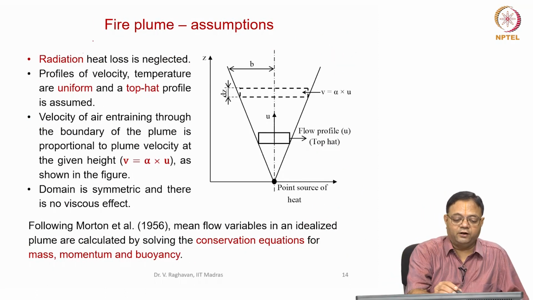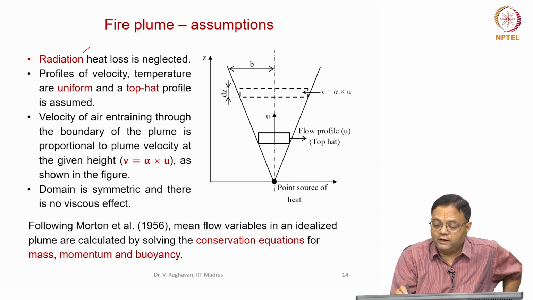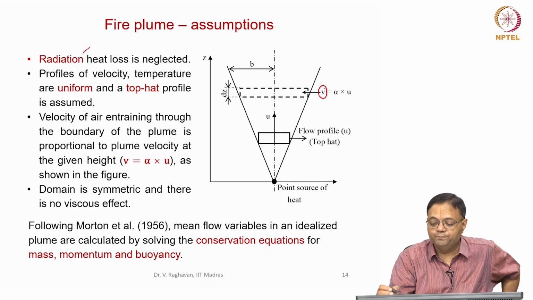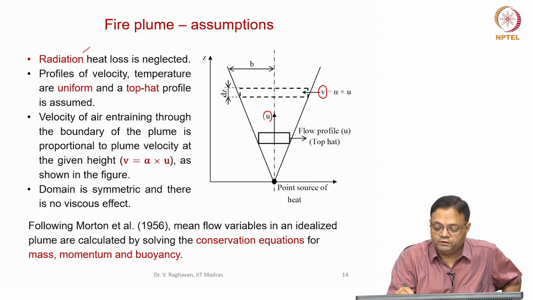Then radiation heat loss is neglected. Then there is an entrainment of air from the ambient, which has a velocity of v. Now we are already dealing with variables, which are velocity, temperature, and b, the radius of the plume.